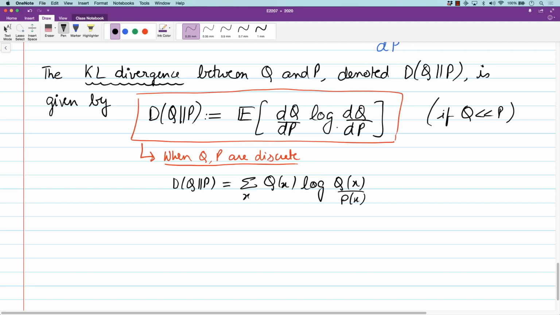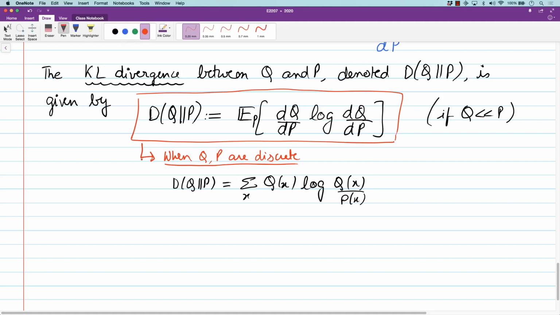By the way, there are two measures floating around here, Q and P. What do I mean by expectation here? When I don't clarify any distribution, it's always with respect to the larger reference measure P. And for the discrete case, this dQ by dP is just q(x) by p(x), but then you take expectation with respect to P, so you multiply it with p(x), that goes away, and you get this.